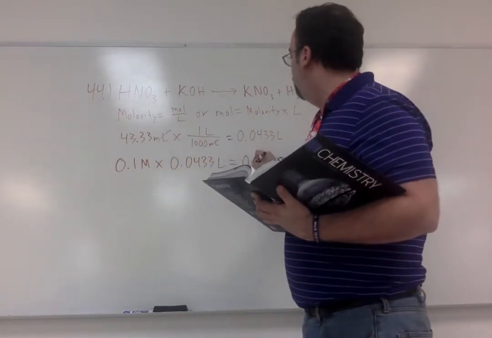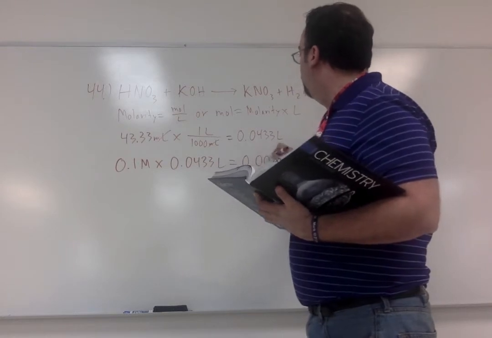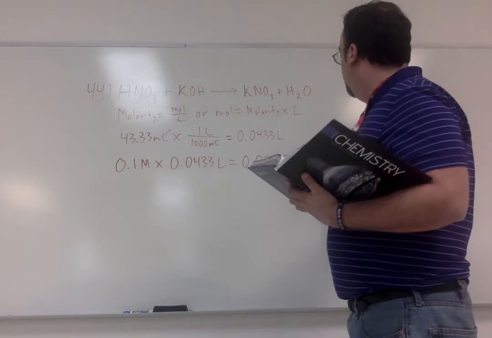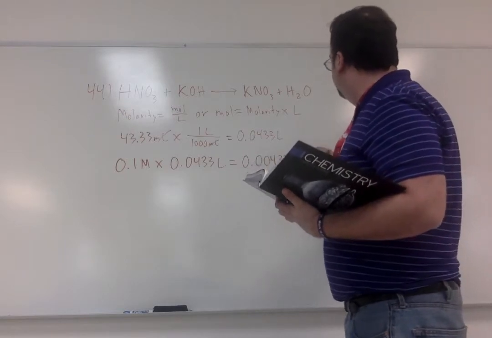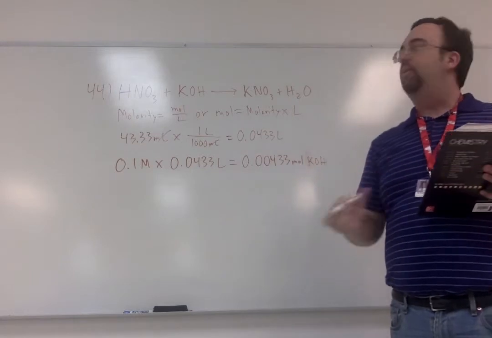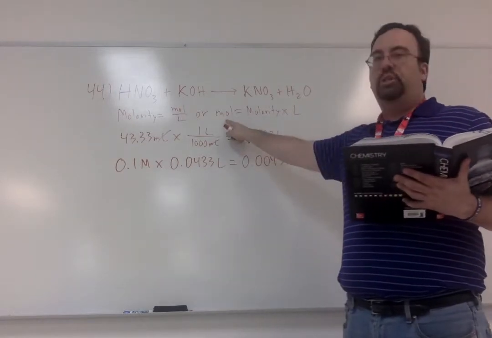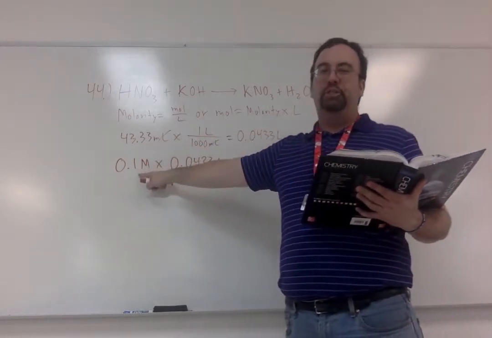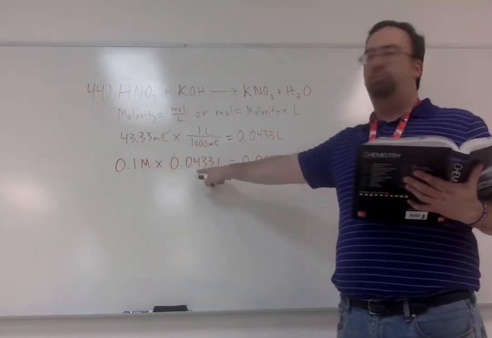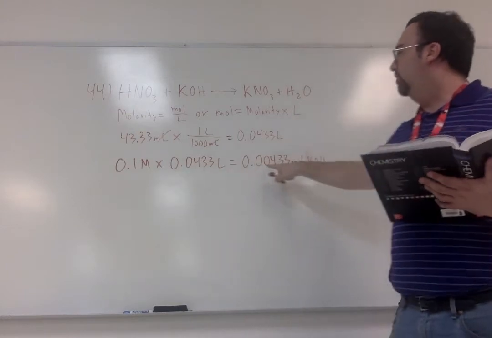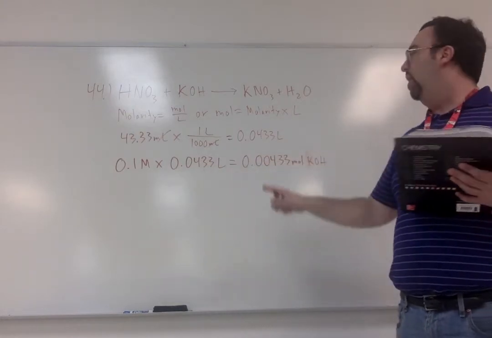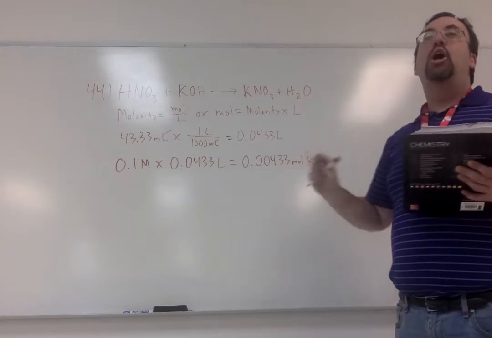This gives me 0.00433 mole of KOH. To find the moles, I take the concentration, 0.1 molar, multiplied by the volume in liters, 0.0433, and I end up with 0.00433 mole of potassium hydroxide.